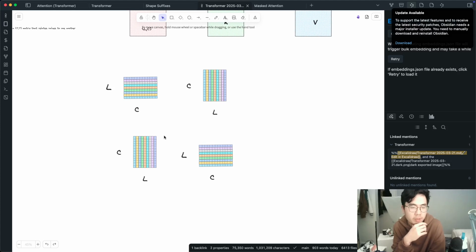You're multiplying across features, saying across the features for this time, how related are they? Which doesn't really make sense.